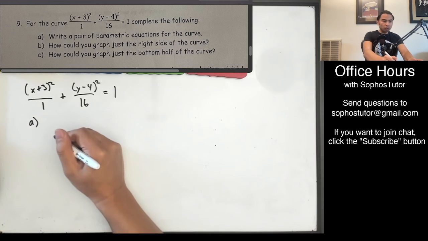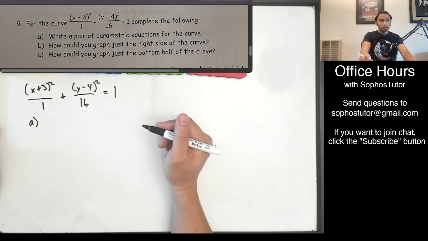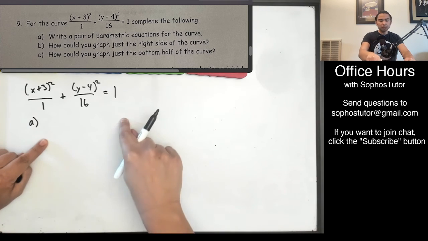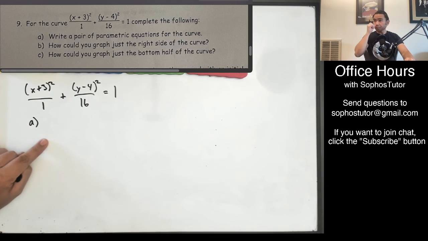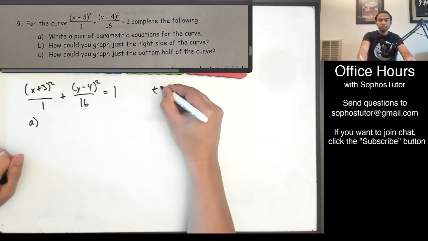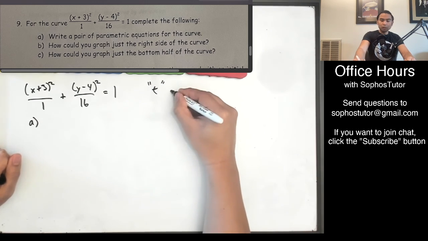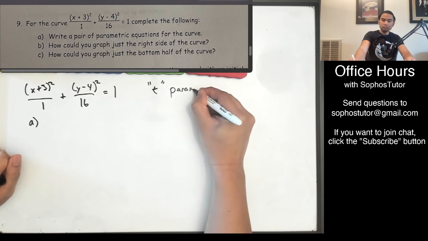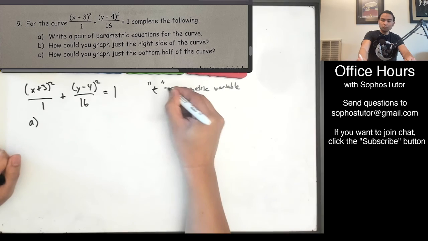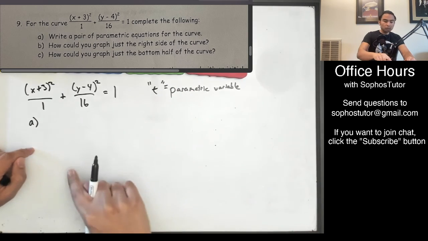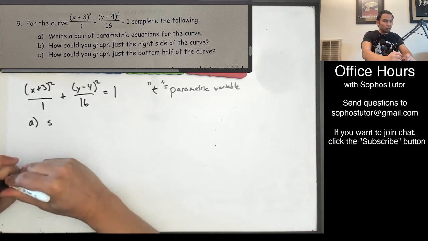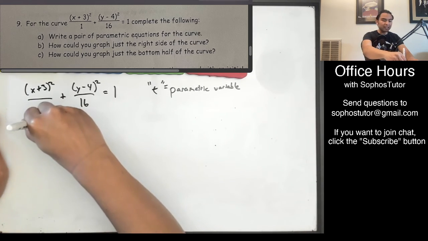Well, we want to start with the equation that I think most resembles this format, this time using parametrics. And the parametric variable we're referring to is t. We're going to start with the parametric variable, and we're going to use what's called the Pythagorean identity.